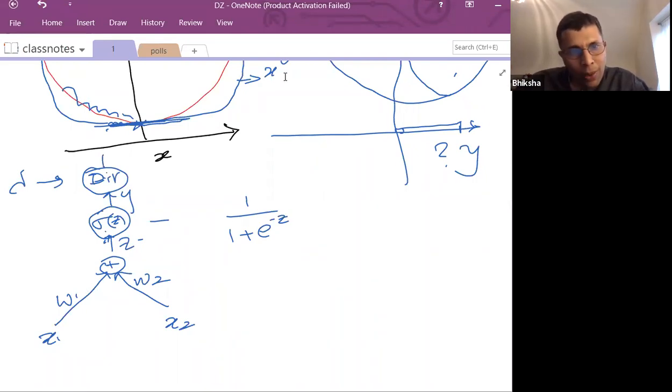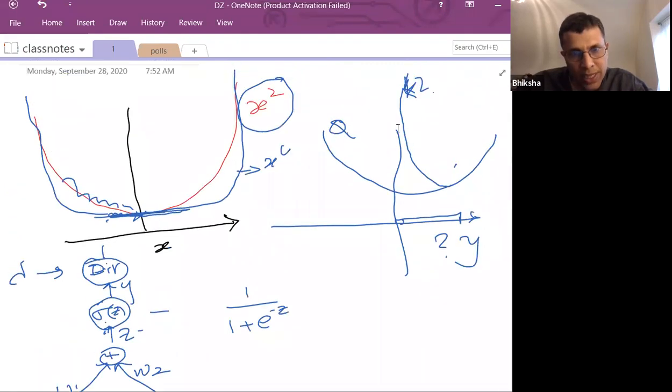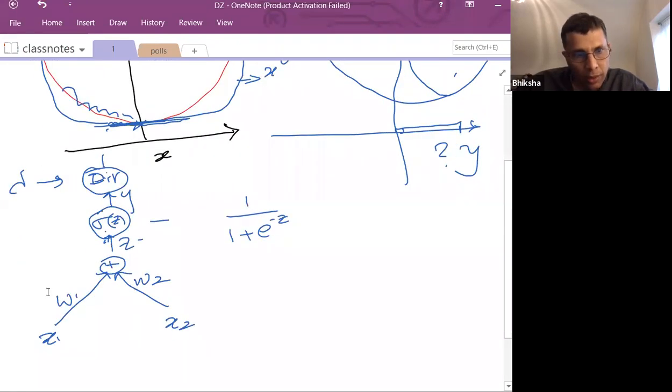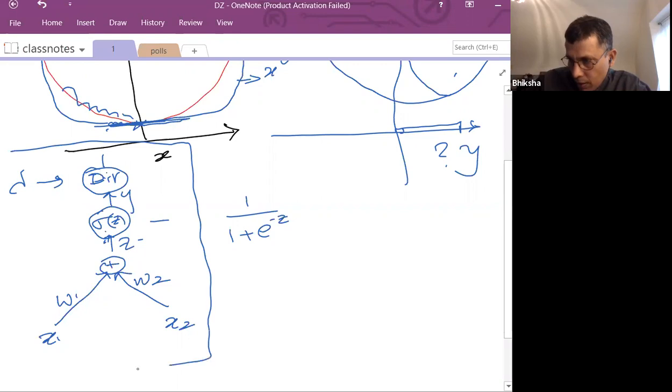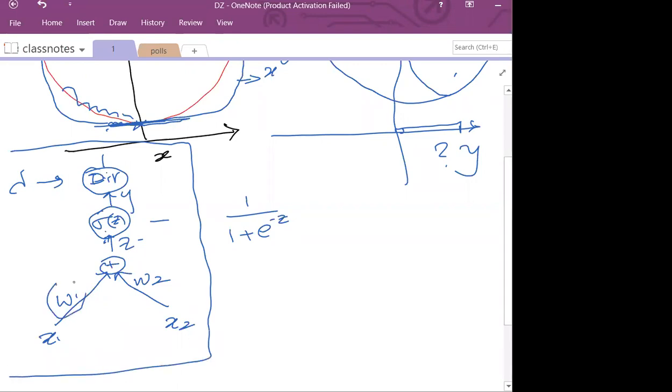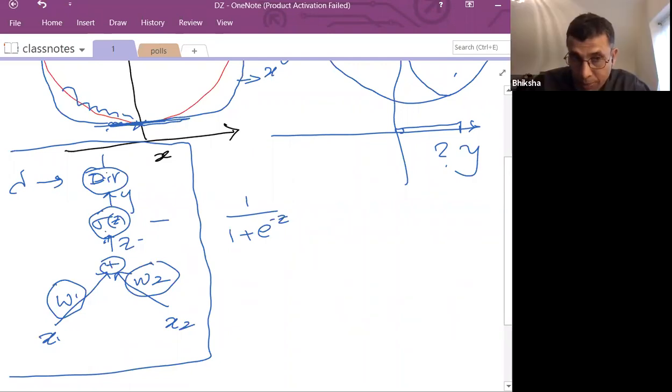So when I speak of the convexity over here, what are the variables out here? Anyone? What are the variables in this figure? The weights. And what are all the things you would be computing?